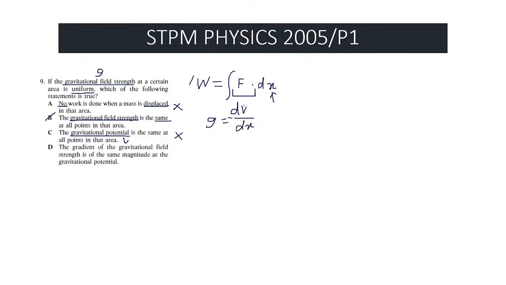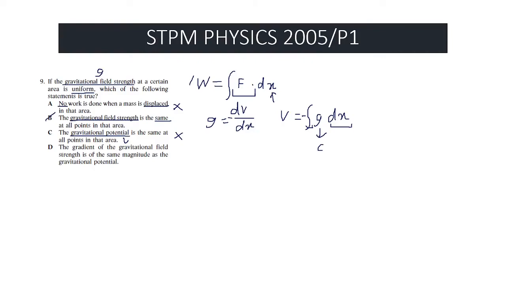And if we want to find V, the gravitational potential is equal to minus integration G dx. Now in this question our G is constant, but you can see here we have an extra dx term, integration of the dx term. So this means actually the gravitational potential still depends on the position in the given area. So they will not be the same. So C is incorrect.